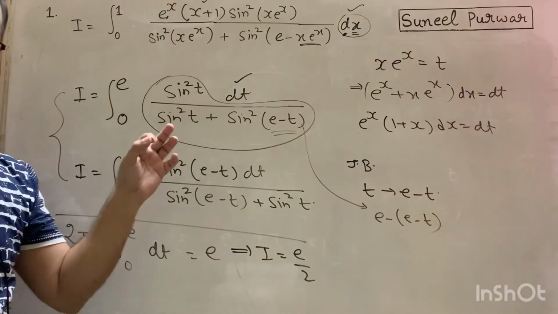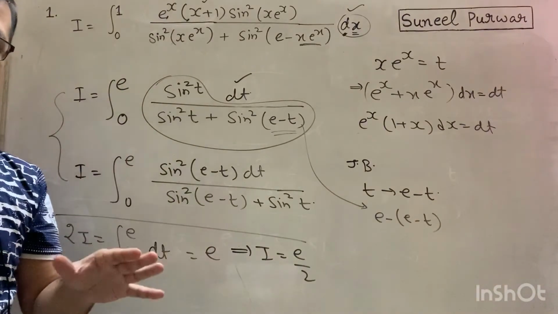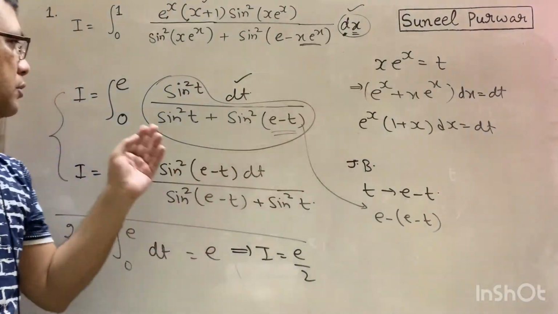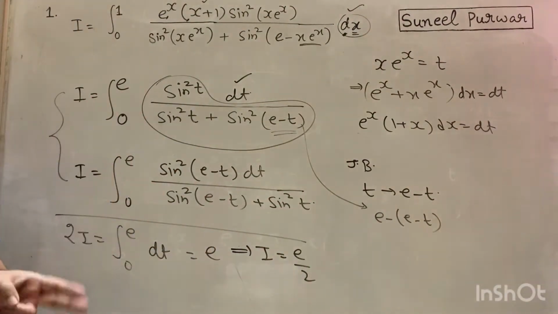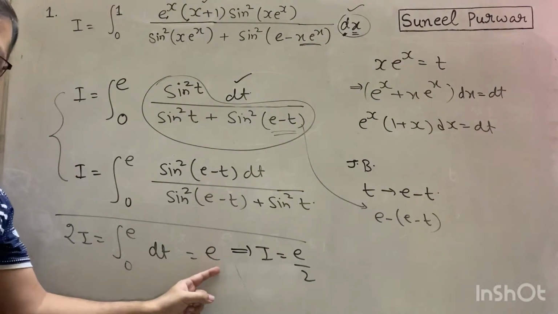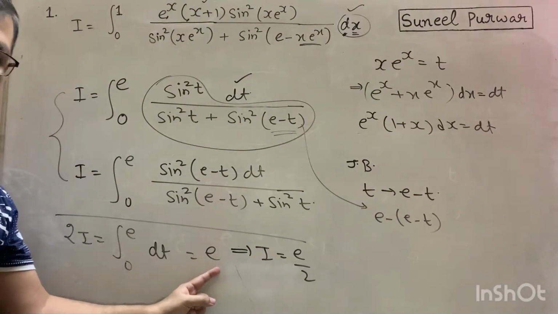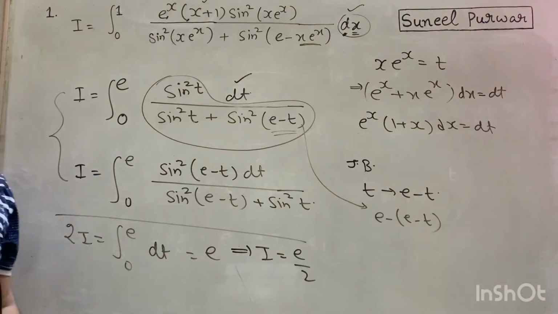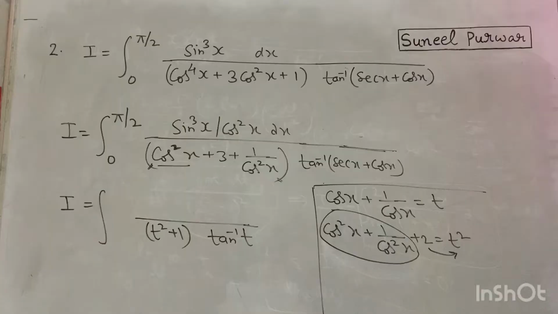All of you must have definitely made this mistake at least once in your lifetime in solving definite integrals. And another mistake is, after applying the James Bond, don't jump to say that the value obtained is the answer, because that will be the value of 2I, since you have added the two integrals. So take care of these three points.